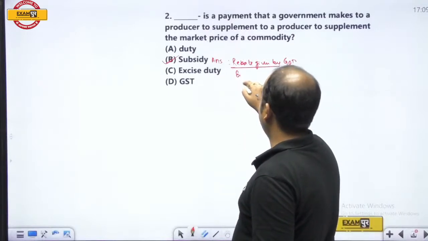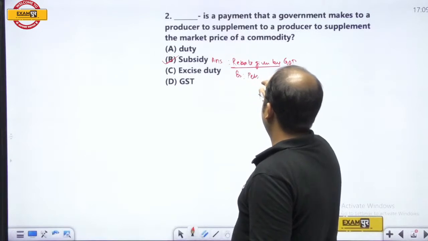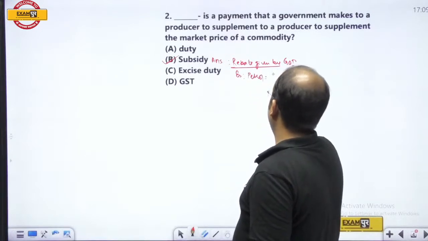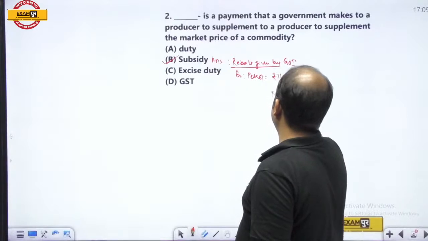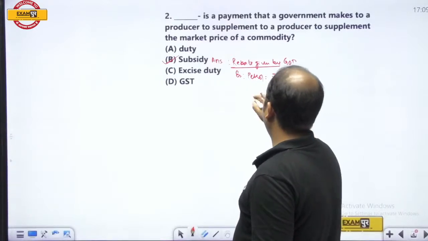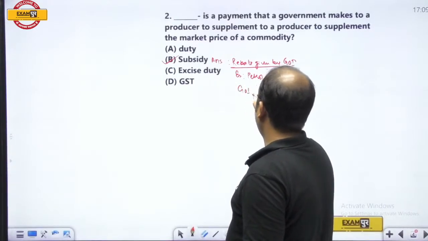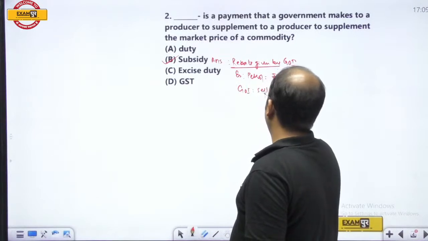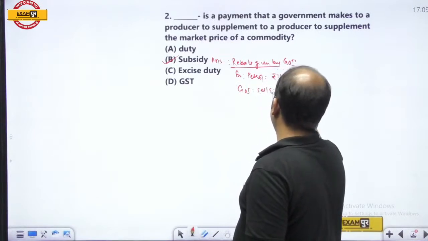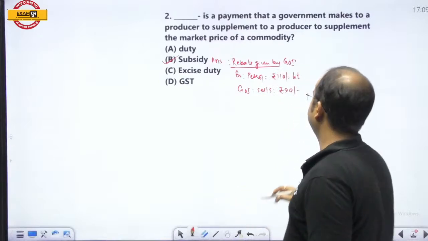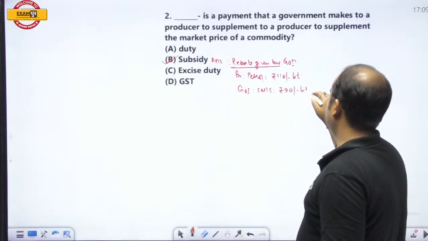For example, the price of petrol in the actual market is, say, 110 rupees per liter, and the Government of India wants to sell that petrol at just 90 rupees per liter, considering the condition of the people.